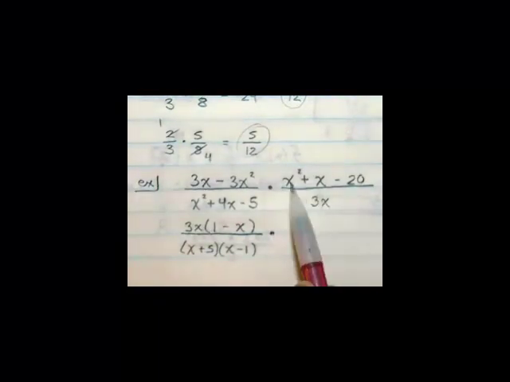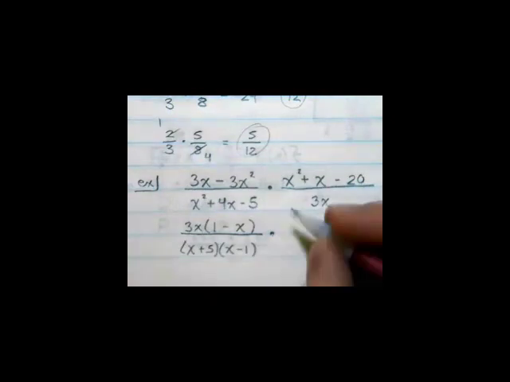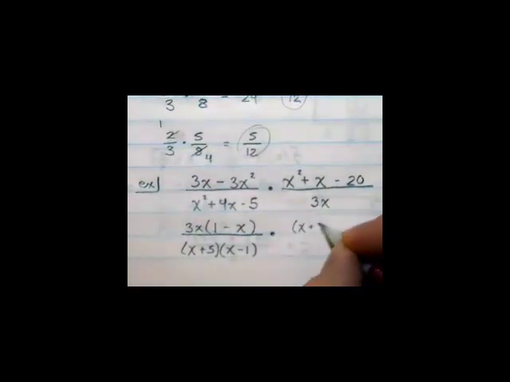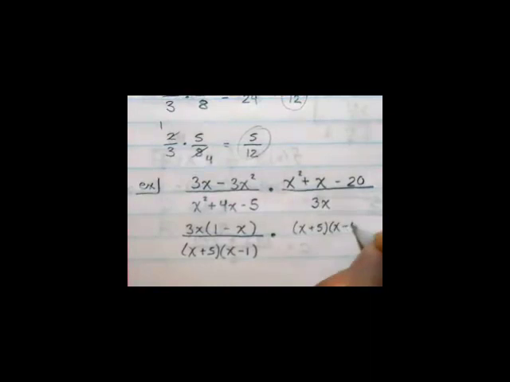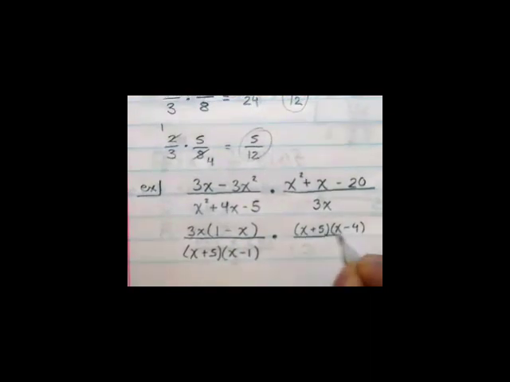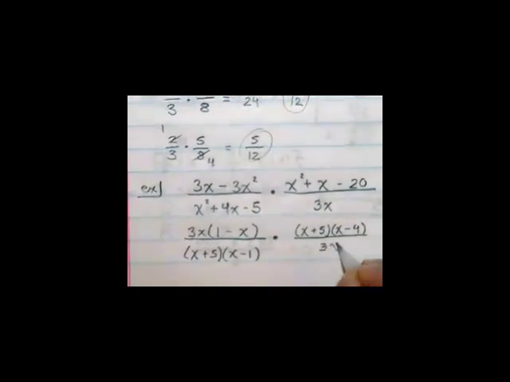And then over here, x squared plus x minus 20. Can we come up with two numbers that'll work for that one? Got to add up to 1 but multiply to negative 20. Good. Yep, x plus 5 and x minus 4. And then 3x, thankfully, doesn't factor because it's just 3x. So any cancellations you guys see here before we move any further? 3x will cancel with 3x.